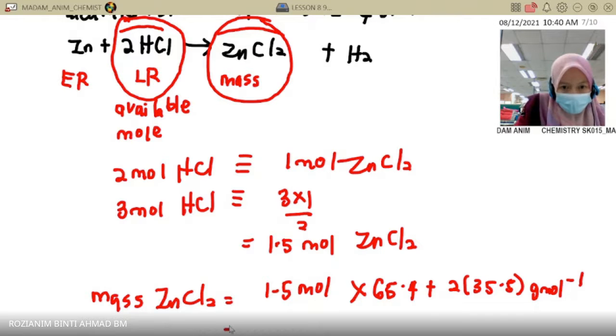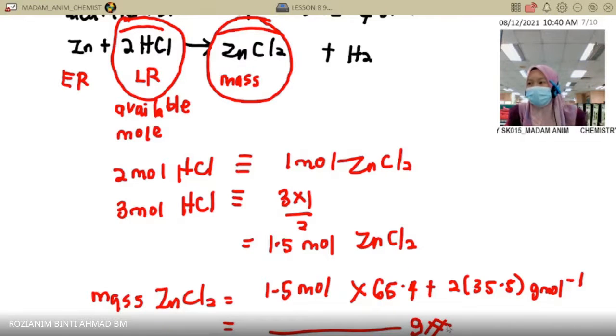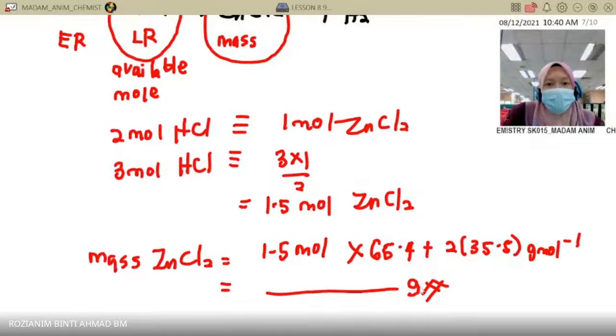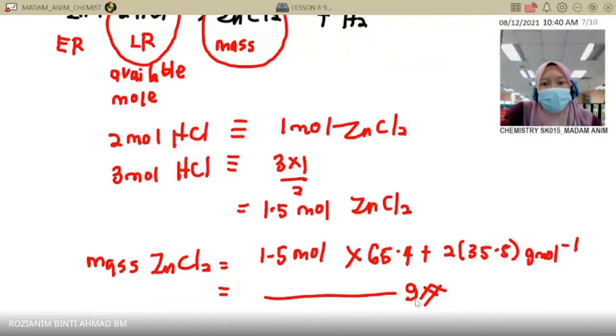So, tekan kalkulator, you akan dapat nilai mass dalam unit gram. So, this is the answer. Dapat? Ingat kalau dia minta mol untuk final product, mesti guna limiting reactant compare to the product yang kita nak.